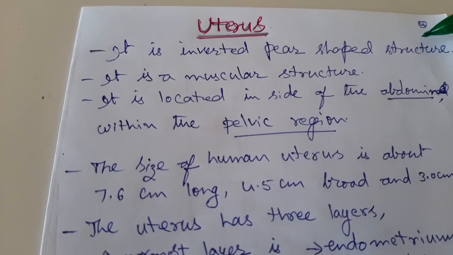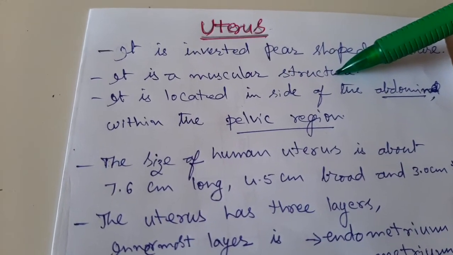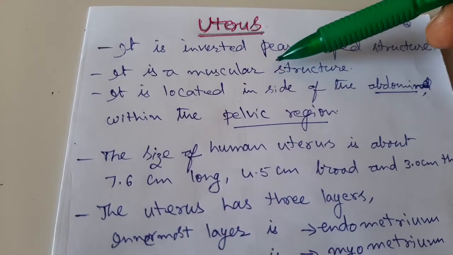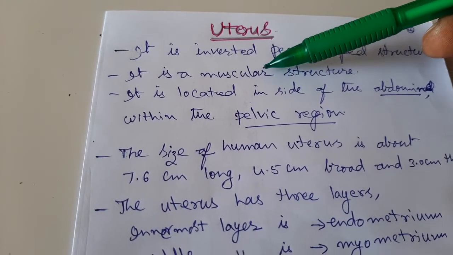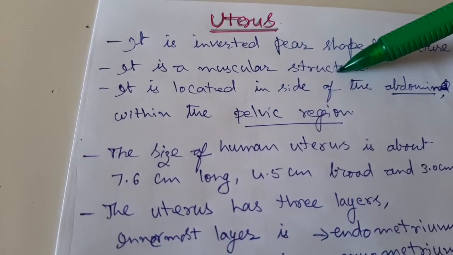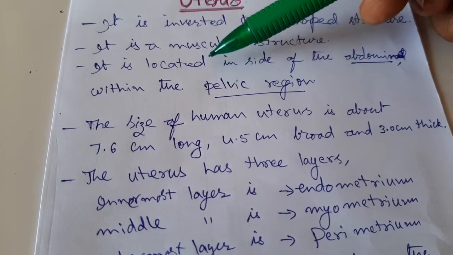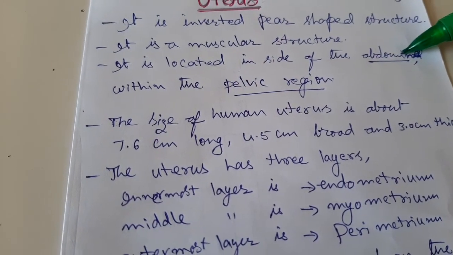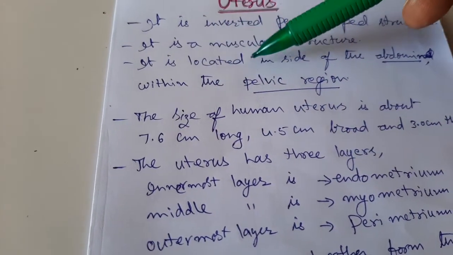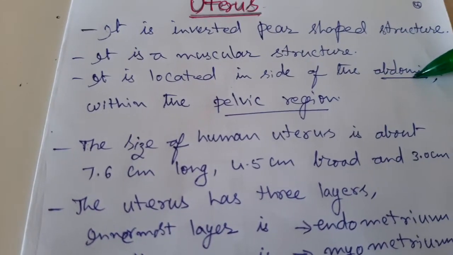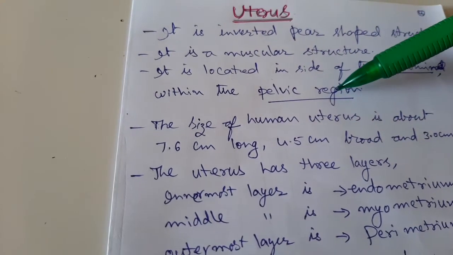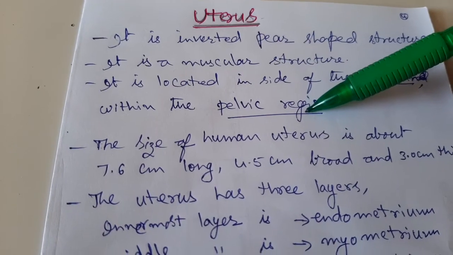Next point, it is a muscular structure. It is made up of very strong muscles. And next location, abdomen. This uterus is located inside the abdominal cavity within pelvic region.